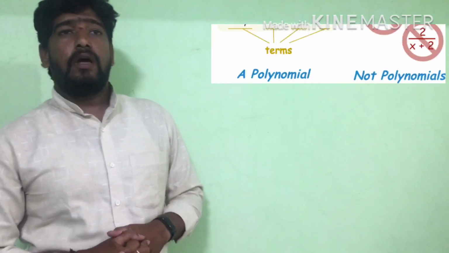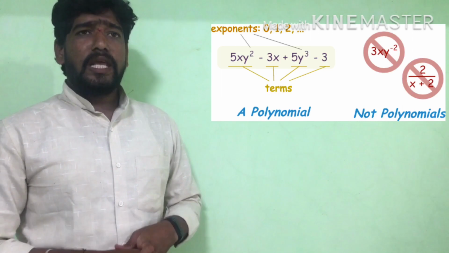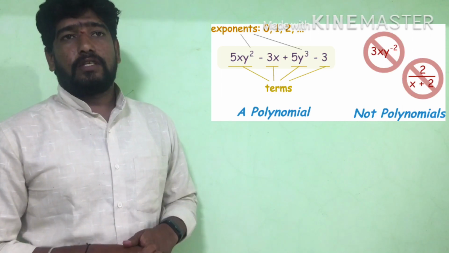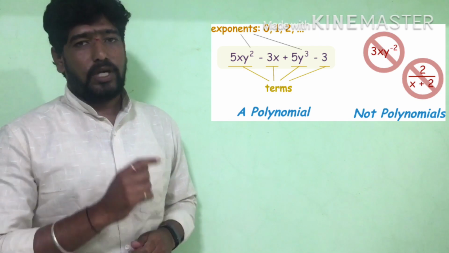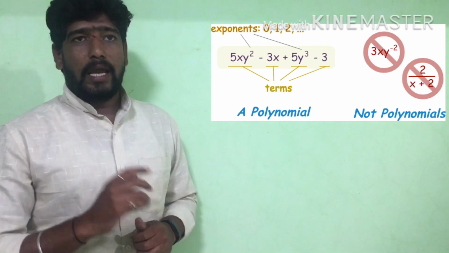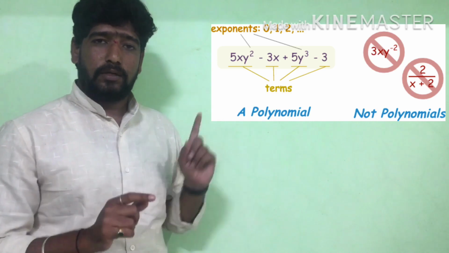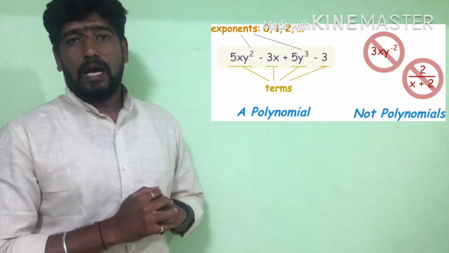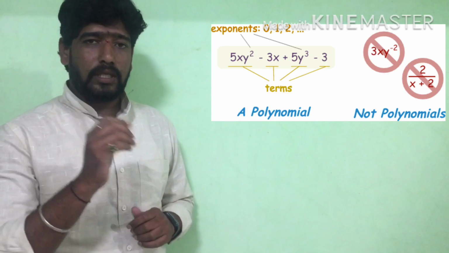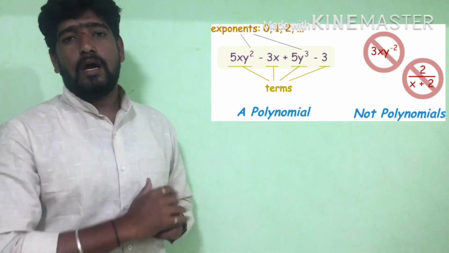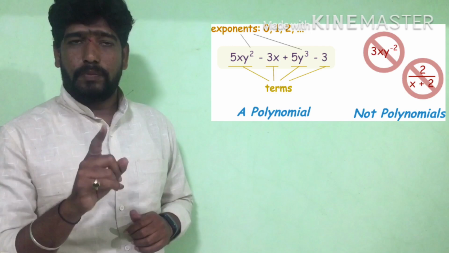Consider one example: 5x square minus 3x plus 5y cube minus 3. It is an algebraic expression with powers 2 and 3. 2 is a whole number, 3 is also a whole number, so it is a polynomial. The power must be a whole number.